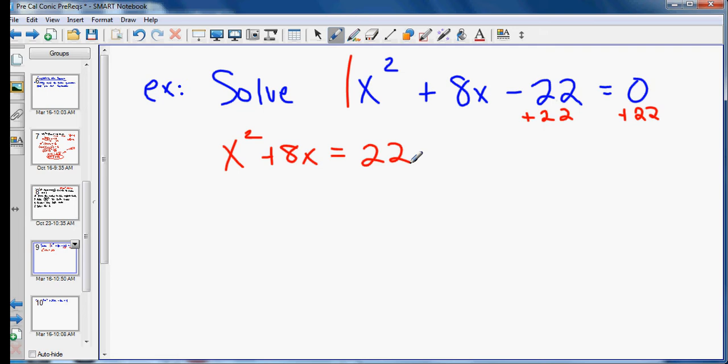Then we'll take the b, the term in front of the x, and divide it by 2. So 8 divided by 2 is 4. And then square the 4, we get 16. So we'll add 16 to both sides.